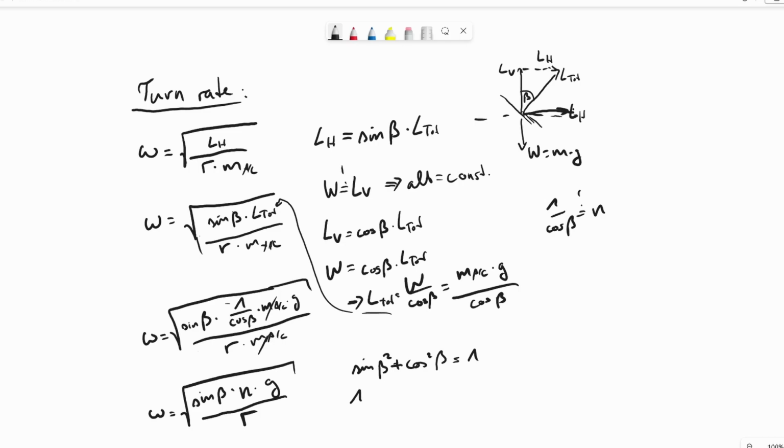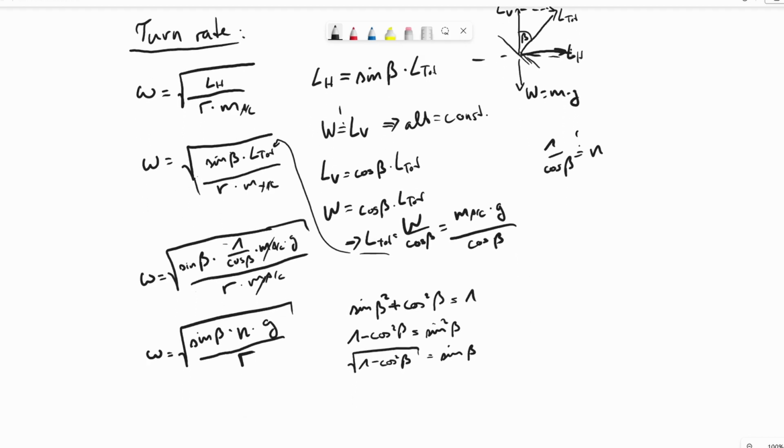So we can use this to say 1 minus cosine squared beta equals sine squared beta, and then the square root of 1 minus cosine squared beta equals sine beta, because the cosine we can somewhat then transfer to n, the load factor.